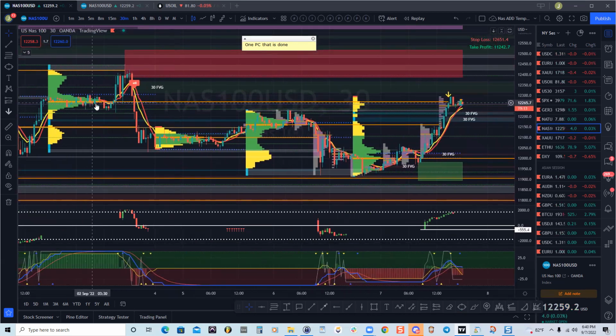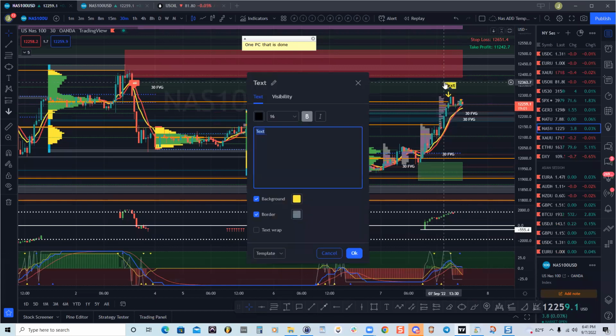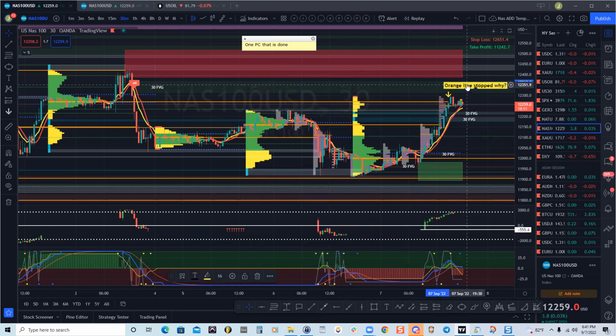And it created a line, and it stopped right here. Why did it stop right here? See that? Yeah. Orange line stopped. Why? Why did this orange line stop right here? Because it got violated.